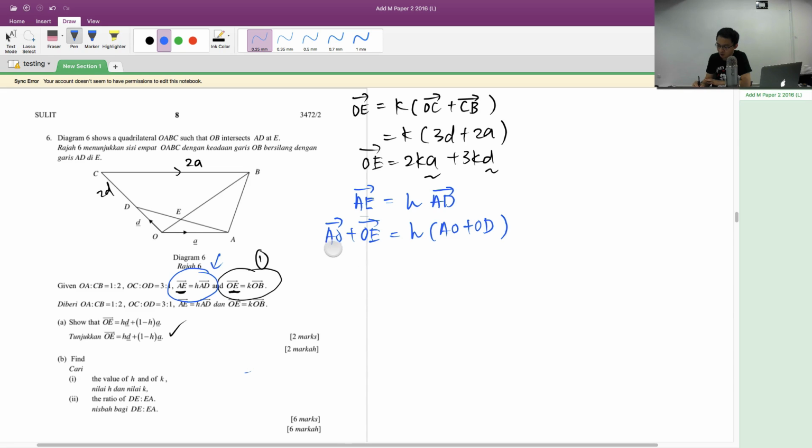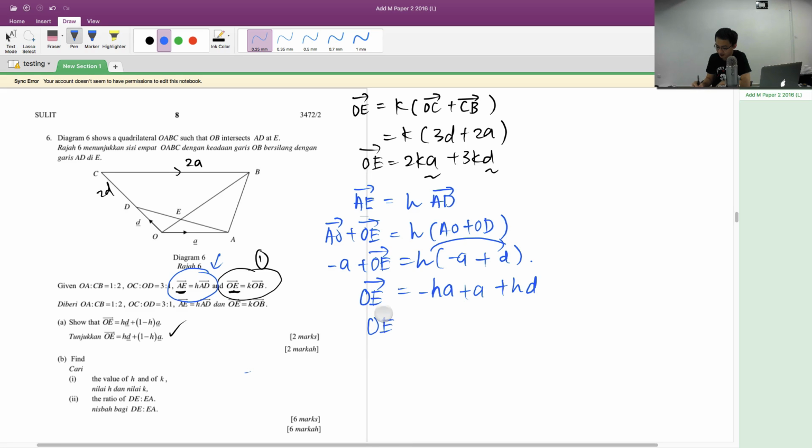AO here should be negative A because it's the opposite direction. OE I will leave as OE, and then H times negative A, plus OD, which is just D. I want to make OE the subject, so I multiply here, negative HA. The negative A I move over with plus A. Then multiplying the D, it's just plus HD.